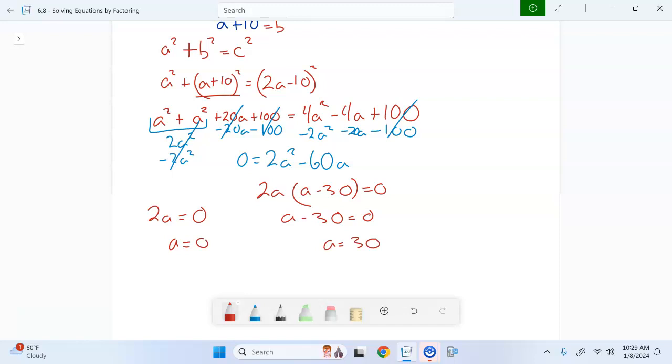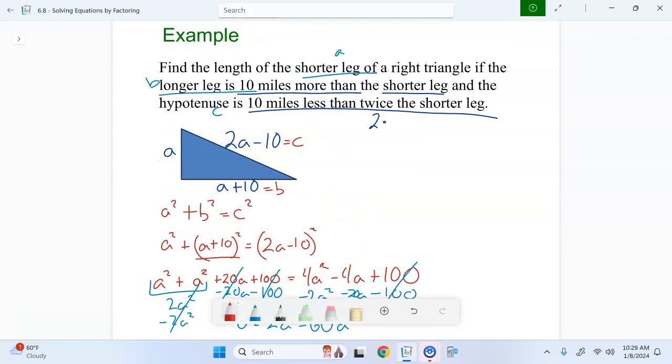So again, we have two possible answers. Let's check them to see if they work. If a equals 0, that gives me a side length of 0, and that also gives me a hypotenuse with a length of negative 10. We know that can't work, because that gives us a equals 0, b equals 10, and c equals negative 10. Mathematically, with our Pythagorean theorem, that may work out, but within our triangle, we cannot have a side length of 0 or a hypotenuse of negative 10.